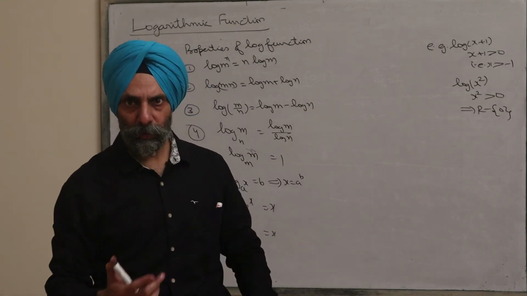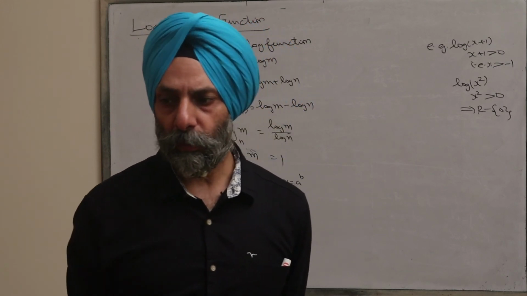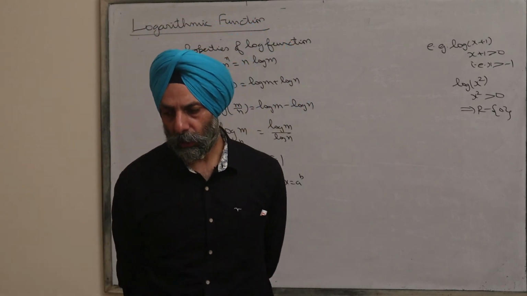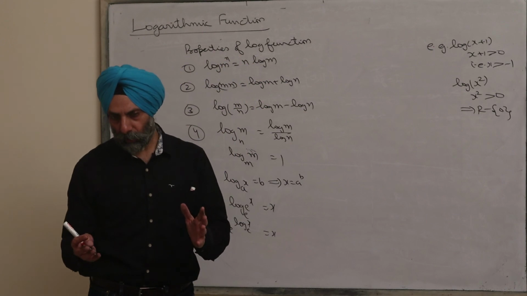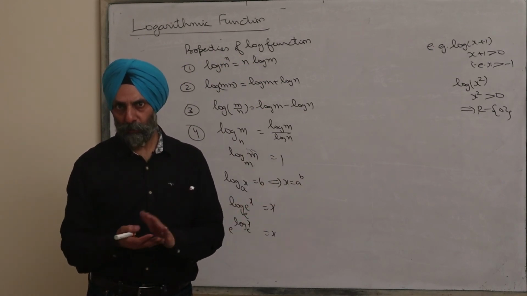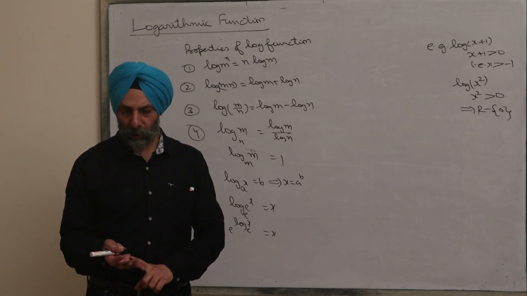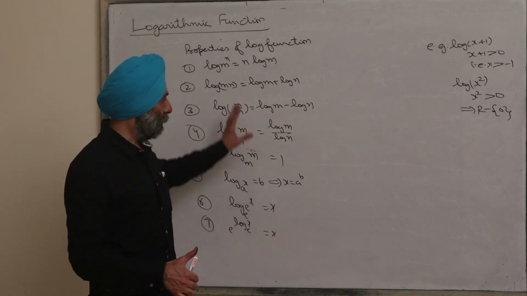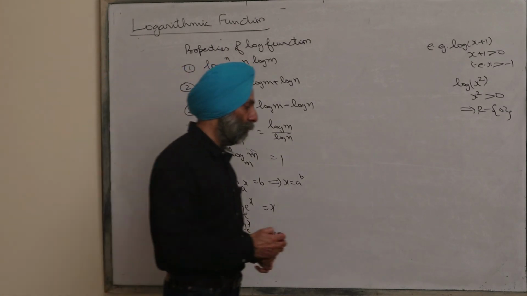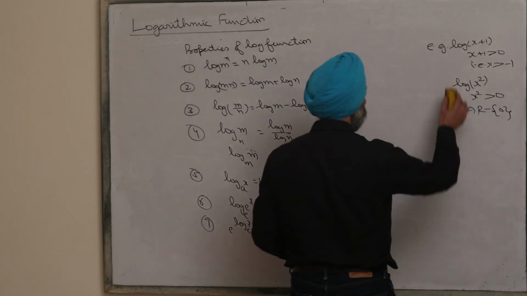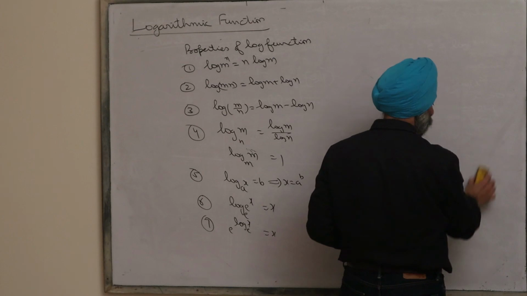So these are some of the properties of log which are going to help you in solving your questions relating to log, and it can be in any of the topics. It can be in calculus, algebra, trigonometry, anywhere. So these are the properties which are definitely going to be helpful.